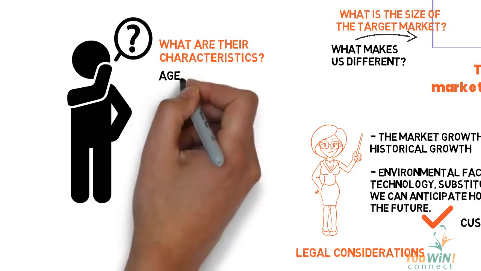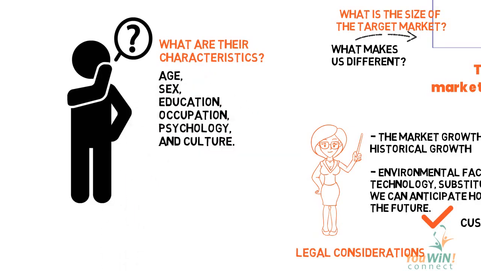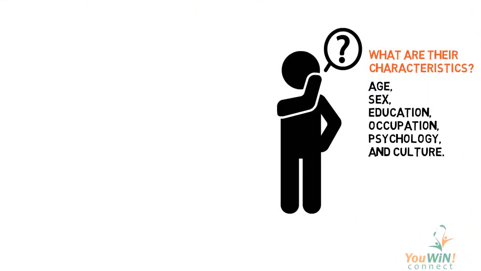Customer characteristics include age, sex, education, occupation, psychology, and culture. And we need to be mindful of this when we are setting strategy for addressing customers. It's important to note here that each type of customer has their varying behaviors.